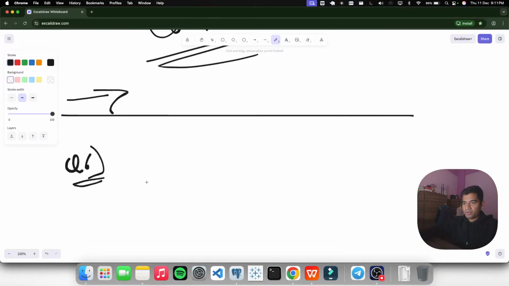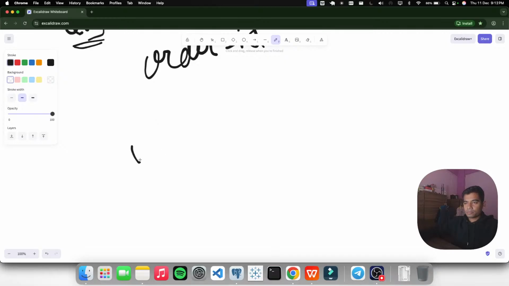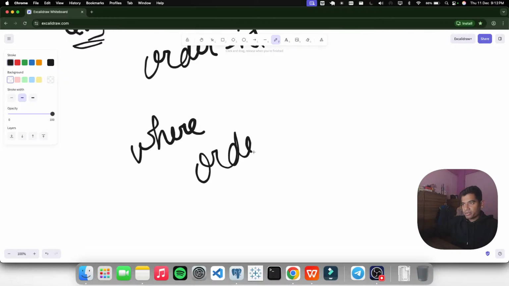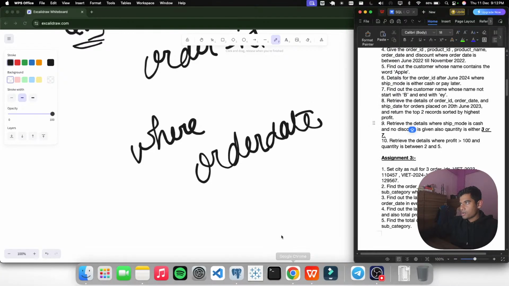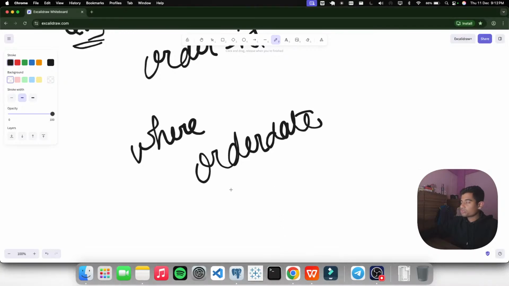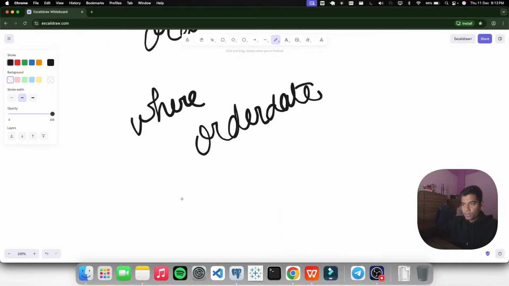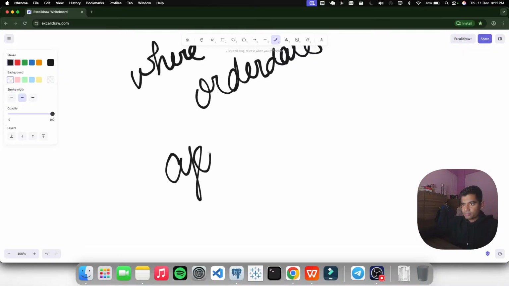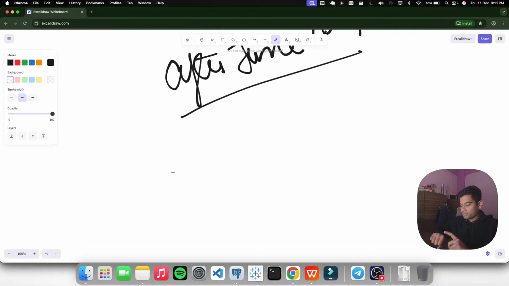That means you have to find the order IDs where order date is after June 2024. ठीक है. It should be like January, February, March, June.